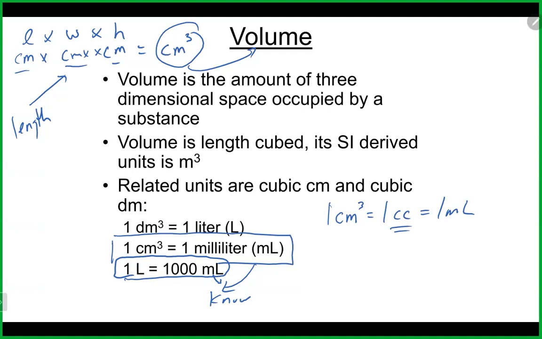So in chemistry, mostly we use cm cubed, not very much cc, but you may sometimes see it in that application. So again, those two come up a lot. The 1,000 milliliters is 1 liter, and a cubic centimeter is basically the same thing as a milliliter.